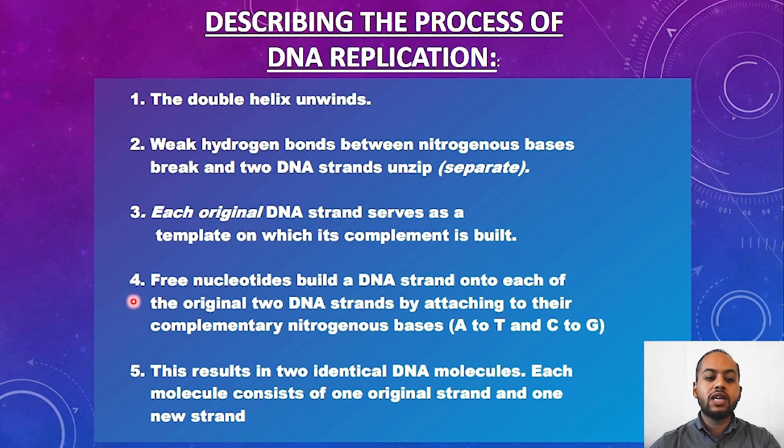Number 4, free nucleotides build a DNA strand onto each of the original 2 DNA strands by attaching to their complementary nitrogenous bases. Adenine will join with thymine and guanine will join with cytosine. Number 5, this results in 2 identical DNA molecules. Each molecule consists of 1 original strand and 1 new strand.